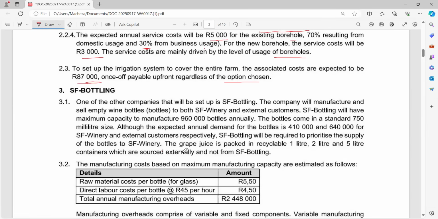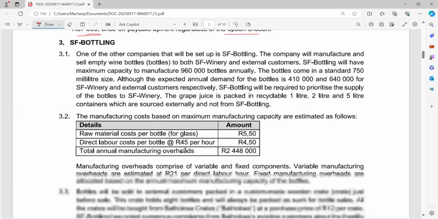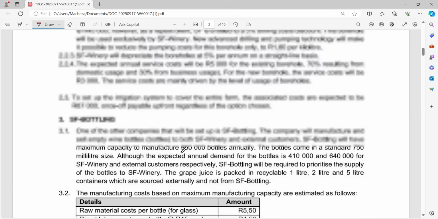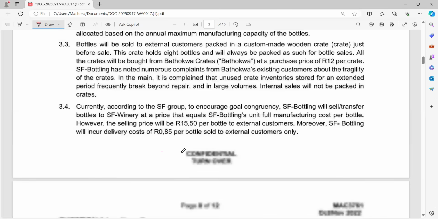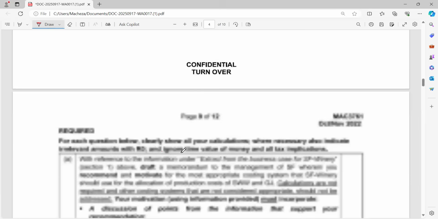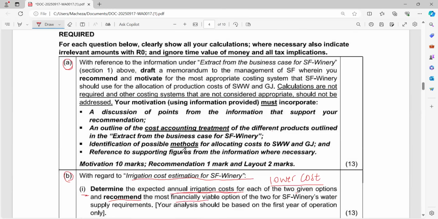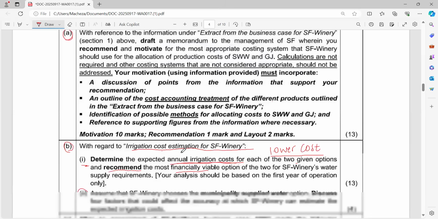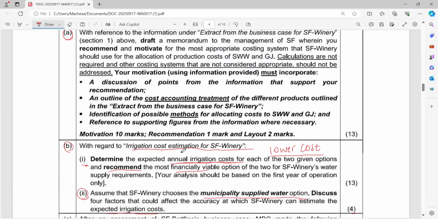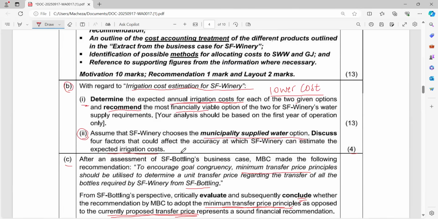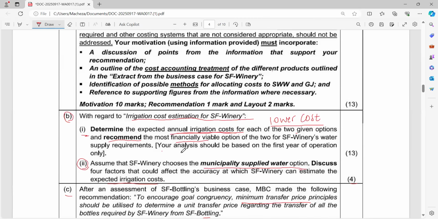Even when you are in the exam, don't answer questions based on the structure of the questions, like A, B, C, D, E, F, G. First, go to the topics that you understand. Then when you are done with what you understand, you can go back to what you don't understand. Then you just play around there.